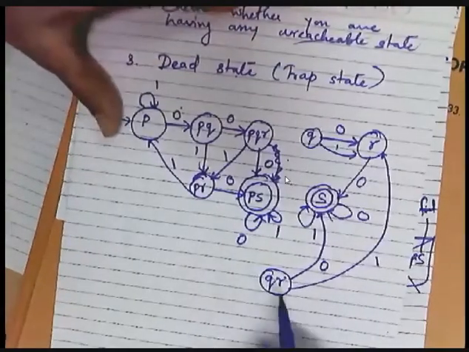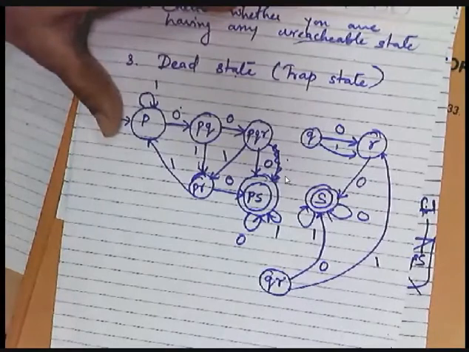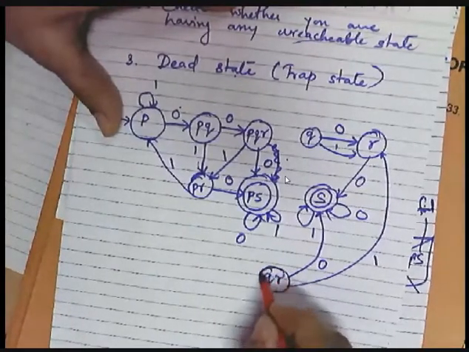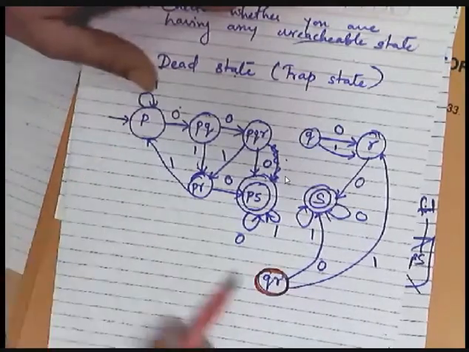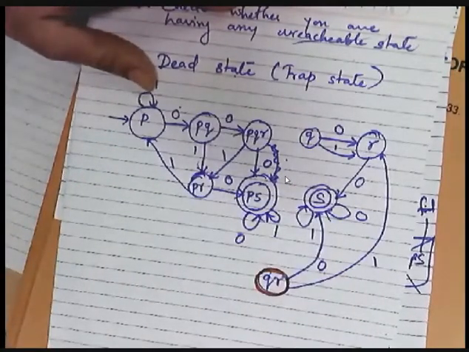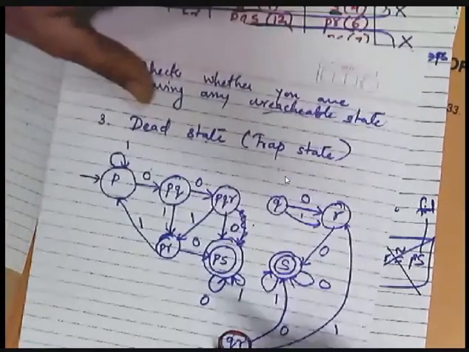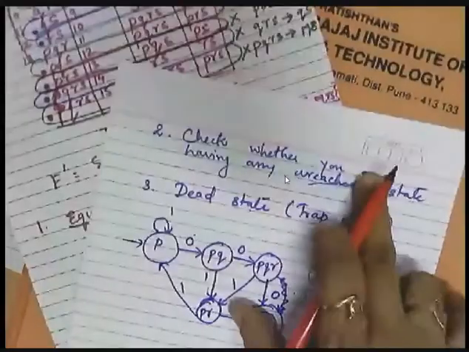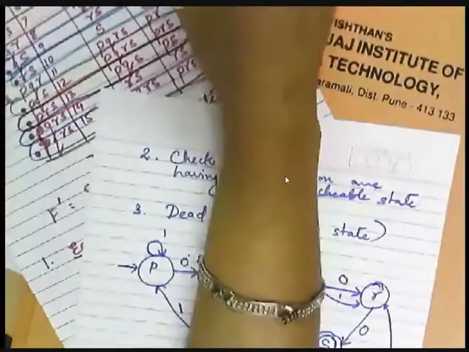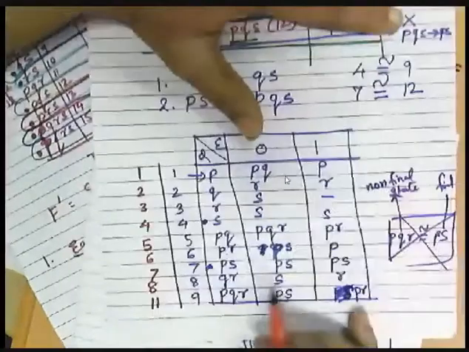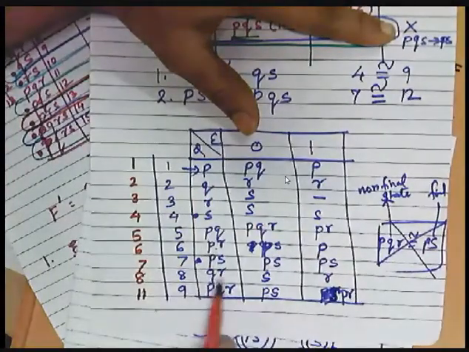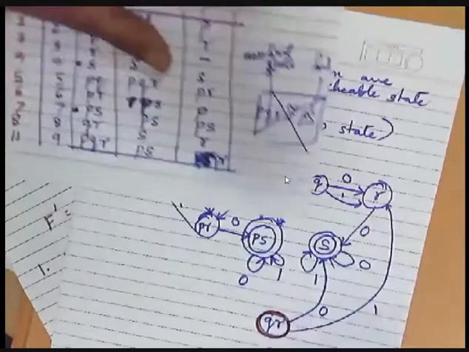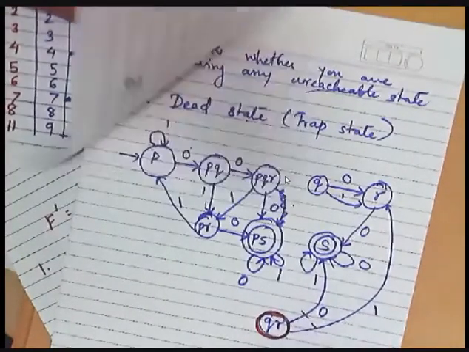If you observe this particular state, is it reachable from the initial state from anywhere? No. Also, in this table, from the initial state with any combination, you are not reaching this QR. So we can discard all these things from our final state.